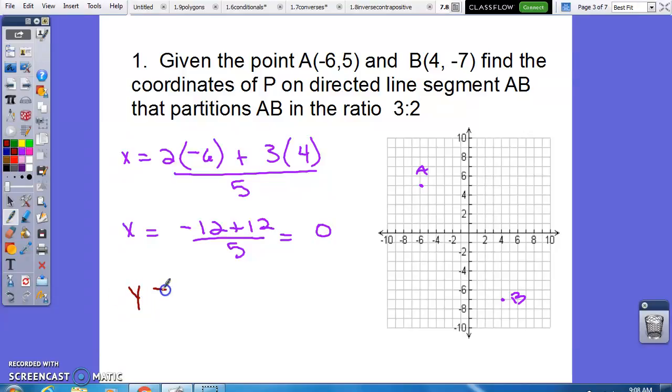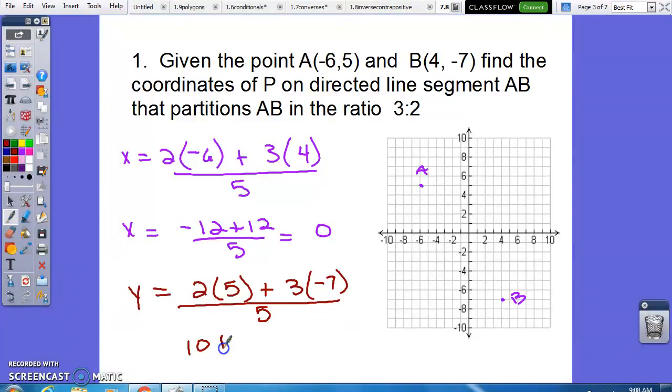we'll do the exact same thing for the y, except using the y values. So we're going to take 2 times 5 plus 3 times the -7, all divided by the 3 plus 2, or the 5 again. So that's 10 plus a -21 over 5.